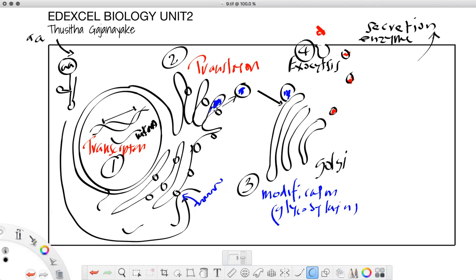Then the polypeptide moves into the endoplasmic reticulum, and it starts to fold to get globular or 3D shapes. Then the proteins are packed into vesicles and fuse with the Golgi. Then the Golgi apparatus modifies the protein, for example glycosylation. And after that, the proteins are released by exocytosis. That's the enzymes, right? The enzymes are released by exocytosis.